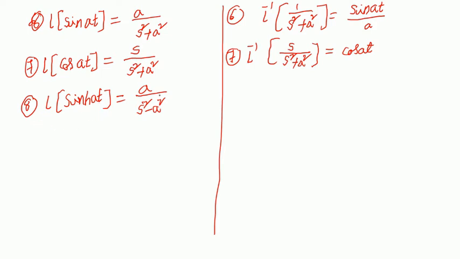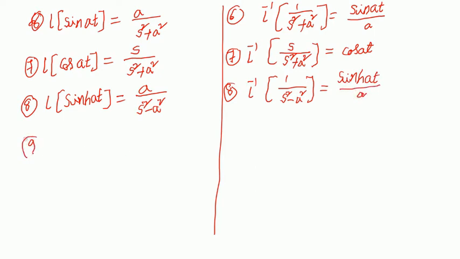A is a constant, keep it outside and take that side. Then the eighth one: L inverse of 1 by S square minus A square is equal to sin HAT by A.